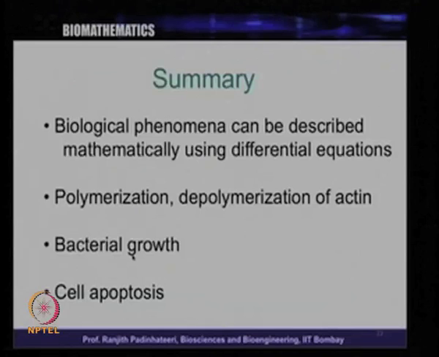So, to summarize, biological phenomena can be described mathematically using differential equations, and for examples we described polymerization and depolymerization of actin, bacterial growth and cell apoptosis. And knowing one constant, which is the initial condition in this case, we can solve this equation and get length or number as a function of time.